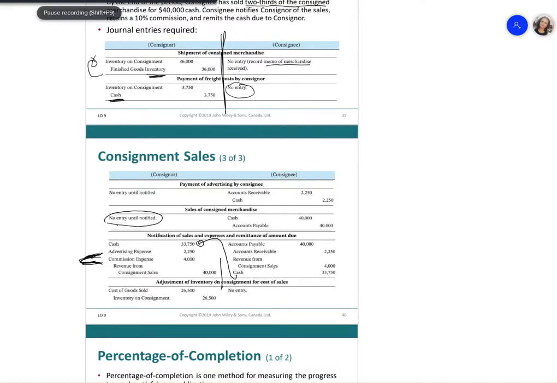Our inventory on consignment was $36,000. Out of that, 2/3 is sold, and that's what we had to take out. So that should come up with $26,500. We take it out of the consignment and we debit the cost of goods sold, but there's no entry to be recorded under the consignment sale.